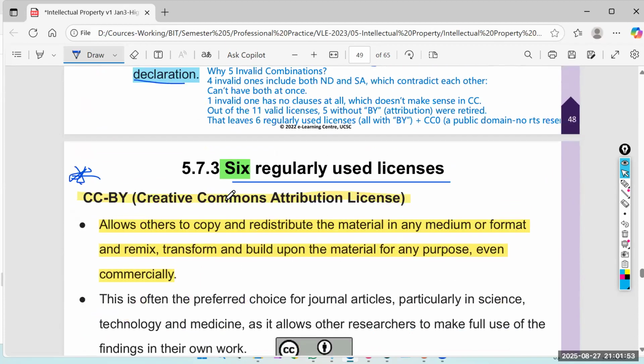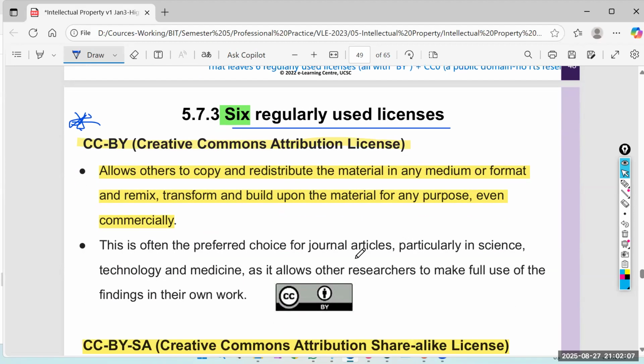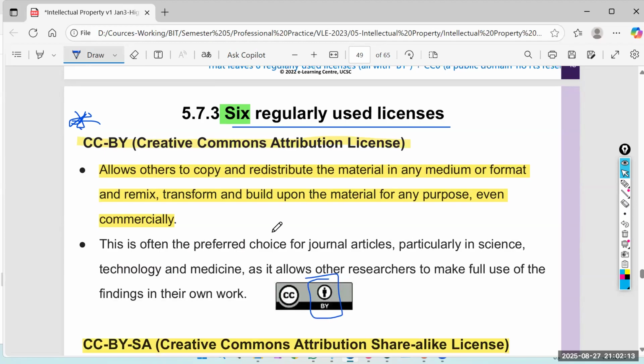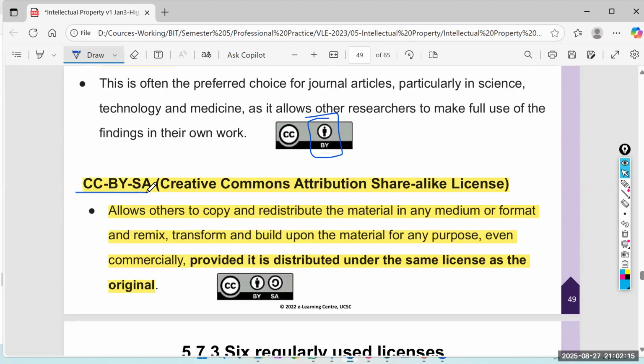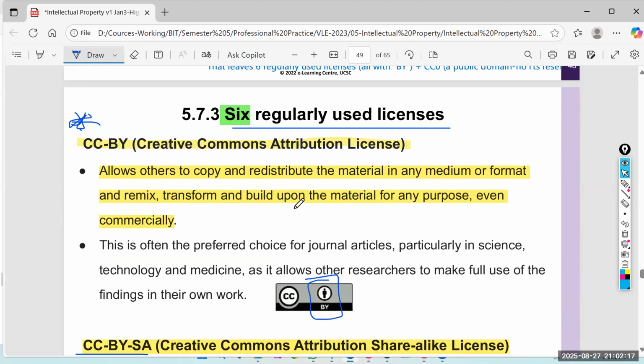So one combination is CC-BY. That is the Creative Commons Attribution license. That means you only need to attribute me. That's all, nothing else. It has only this symbol, just the attribution. Another combination is CC-BY-SA.